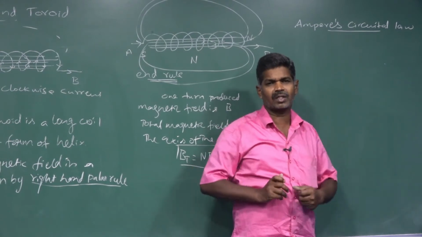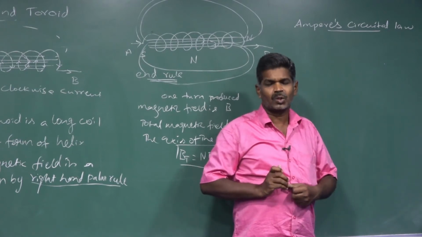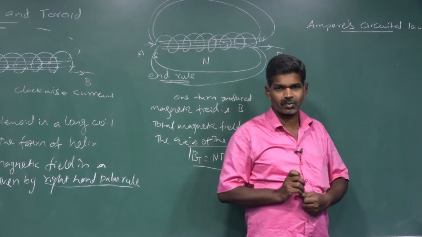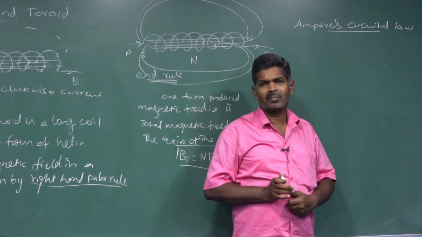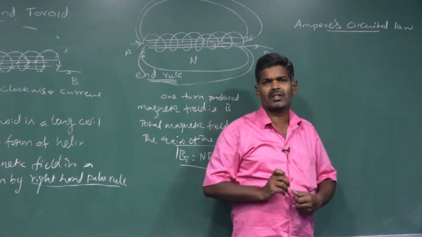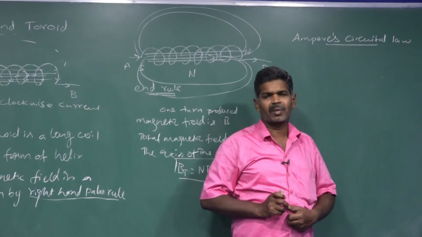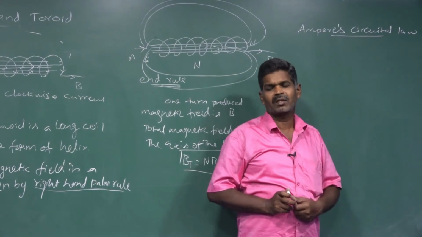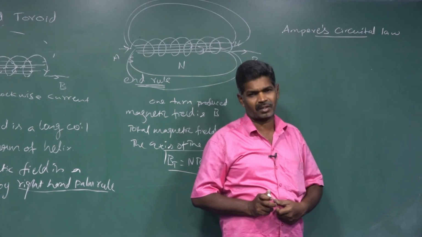But one thing we want to know: Ampere's Circuital Law should be applied for symmetric conditions only. In unsymmetric conditions, we cannot apply Ampere's Circuital Law. It is the most important and easiest tool to find the magnetic induction due to a current carrying conductor, but the symmetric nature is required.